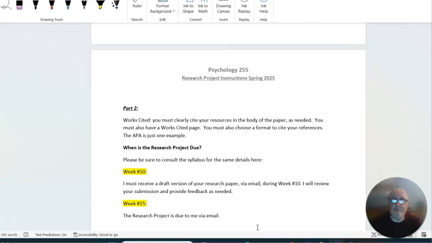Okay. Again, this is in your syllabus, so you can look at the amount that this will generate in terms of a score toward your overall course grade. And I want a draft of your work or earlier to me via email by week 10. And then the assignment itself, the final version, is due to me week 15.